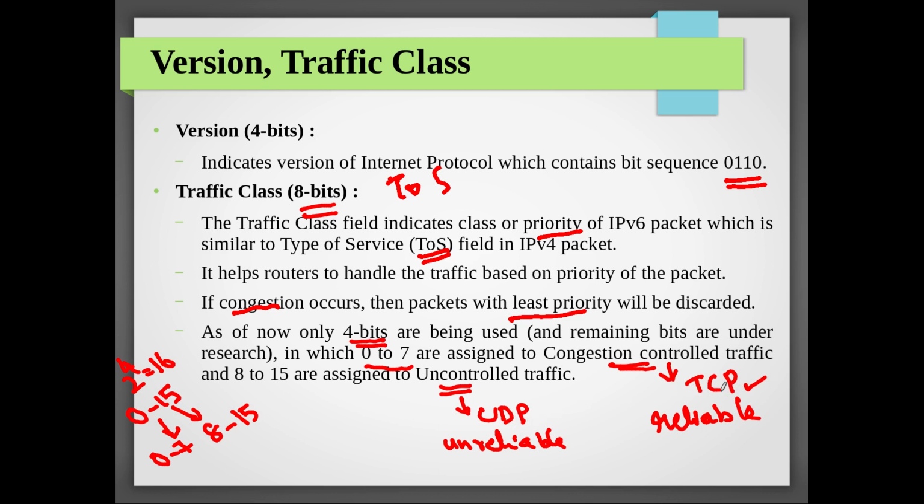Now if you are looking at the traffic generated by applications like FTP, file transfer protocol, for transferring some file information, or HTTP, hypertext transfer protocol, or mail, SMTP, simple mail transfer protocol, all these protocols make use of TCP because we need this reliability in all these cases.